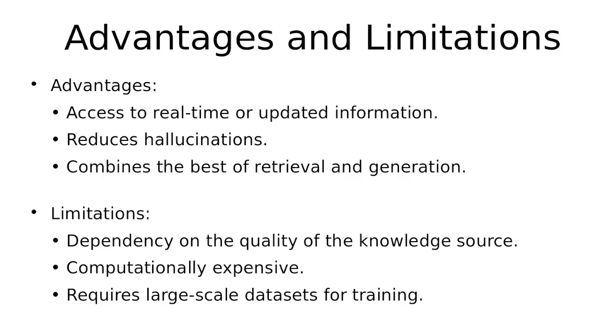And if you are using an API, then the API usage will be somewhat costly, not up to the level of generative cost, but still we have to pay for that. And compared to other approaches like few-shot learning, the data set required for training is comparatively high. Here we have to have a significant amount of data in the external source.